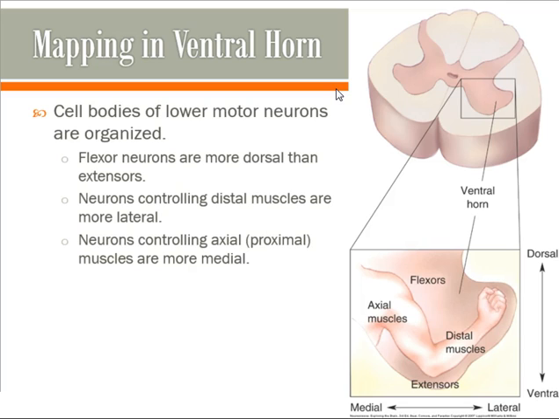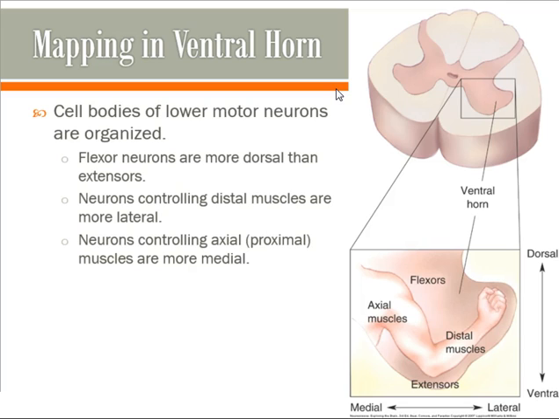For one thing, most of the motor neurons that lead to flexor muscles, as well as some of your axial muscles, tend to be found more in the dorsal part of the ventral horn, the more proximal part, closer to the center of the gray matter of the spinal cord.